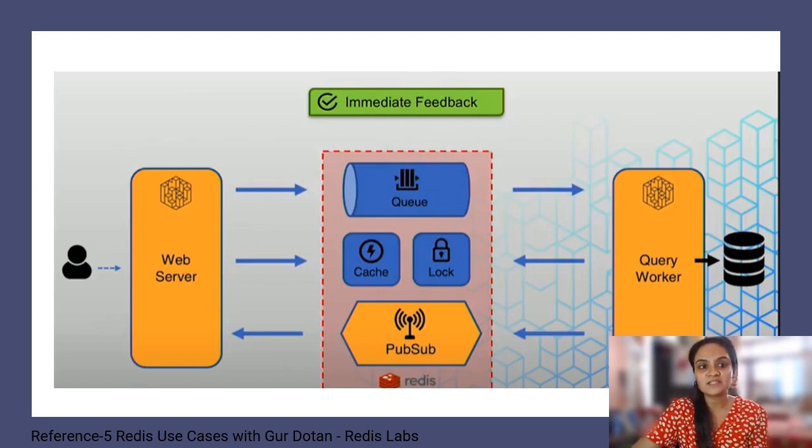So both the web server and the query worker at this step are coordinating between each other on a pub/sub topic, which is the unique identifier I mentioned in step 2 when we were queuing the message with some kind of unique ID. So that's what we are gaining here: immediate feedback to the client. This pretty much covers the flow in the system.